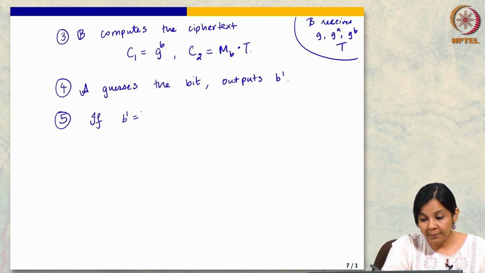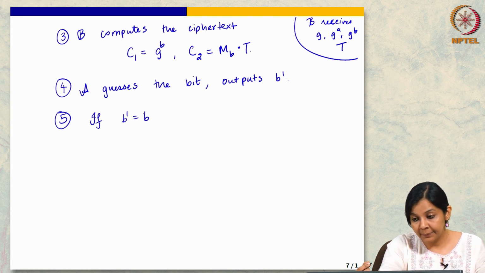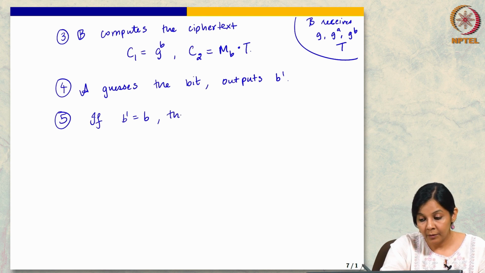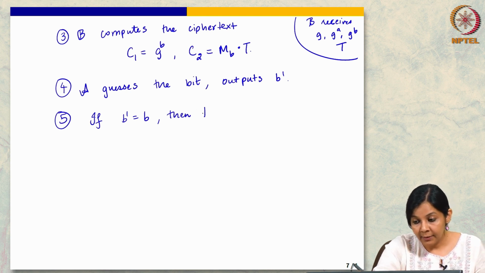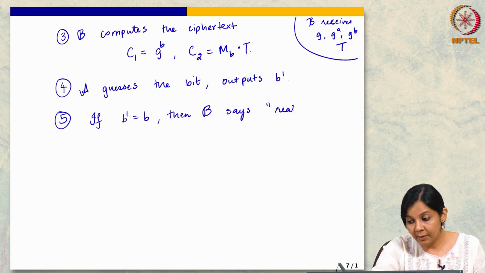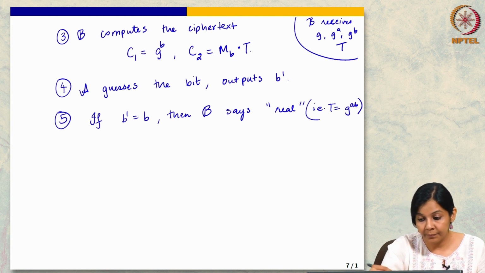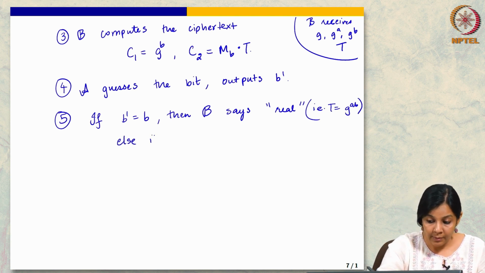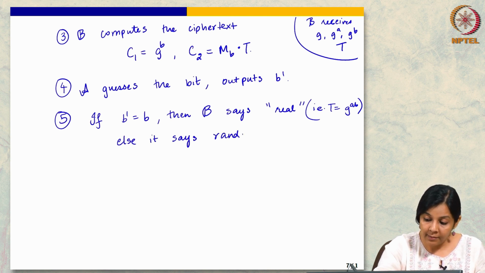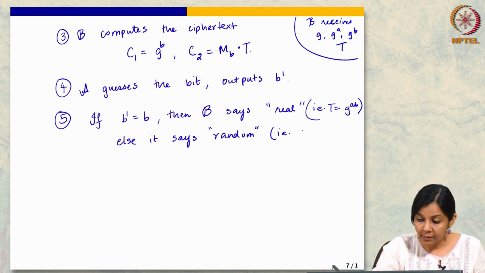If b prime is equal to b, okay, then B says it is the real distribution, that is T is equal to G to the AB, else it says that this is the random distribution, that is T is equal to G to the C.